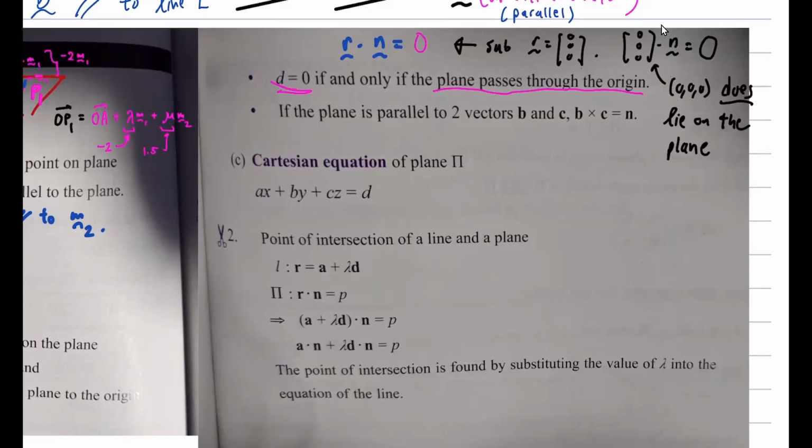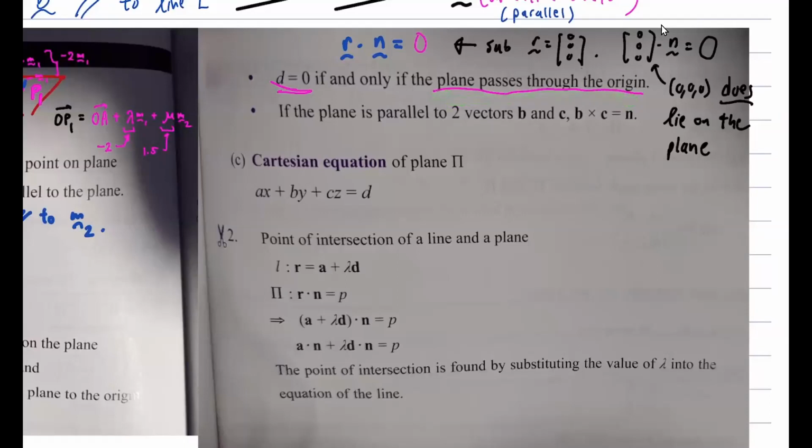Then you have to solve and check that it's consistent, left-hand side equal to right-hand side. So it's the same idea here. It's just that now it's asking whether a point lies on the plane. So all you do is substitute the position vector of that point into the equation of the, not line, but the plane, and check that left-hand side equals right-hand side. So this means that it lies on the plane.